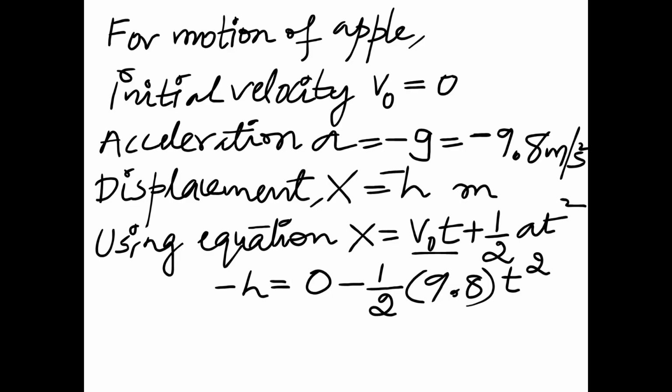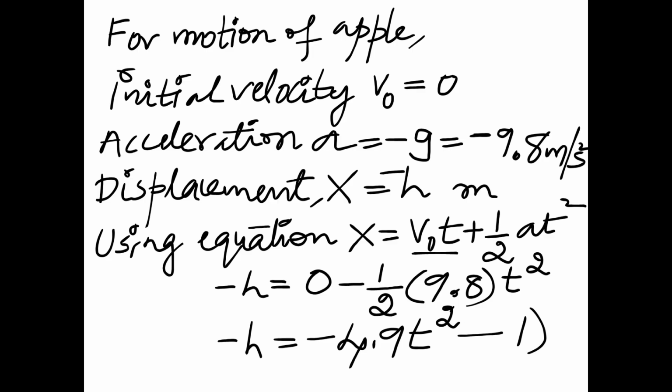So minus h equal to minus 4.9 t square. We got one equation here. We will consider it as equation 1. This is for the motion of the apple.